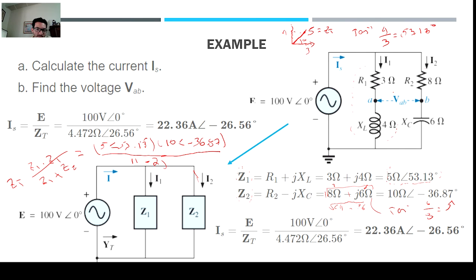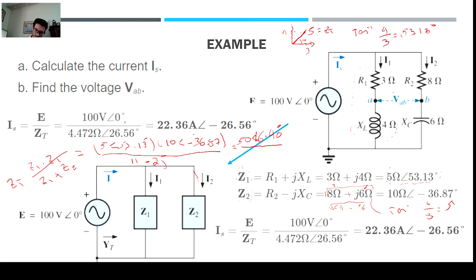Okay, so the numerator is 5 times 10, which is 50, and the phase is 53.13 minus 36.87, which is 16.46. So the numerator is 50 with a phase shift of positive 16.46, and for the denominator we need to do the square root of this.